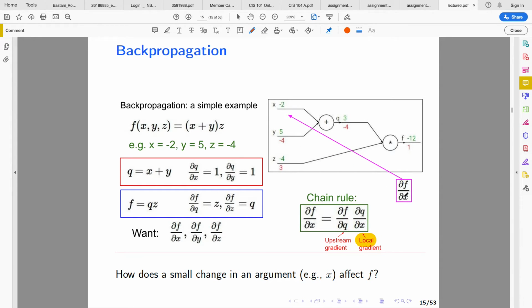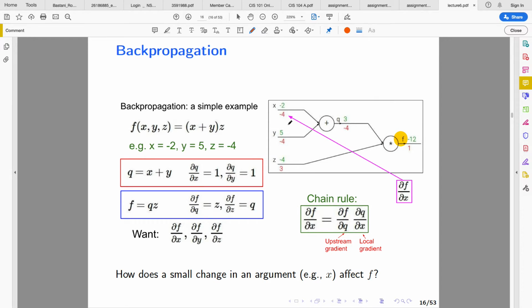Partial derivative of f with respect to x follows the same thing, and by the time we do that, we get minus 4. Now this minus 4 has replaced minus 2. This minus 4 has replaced 5. This 3 has replaced minus 4.